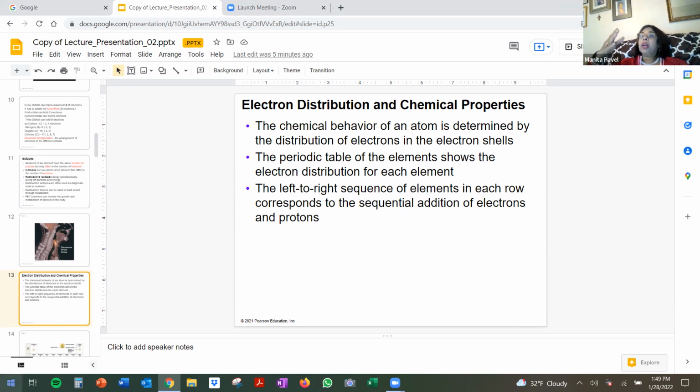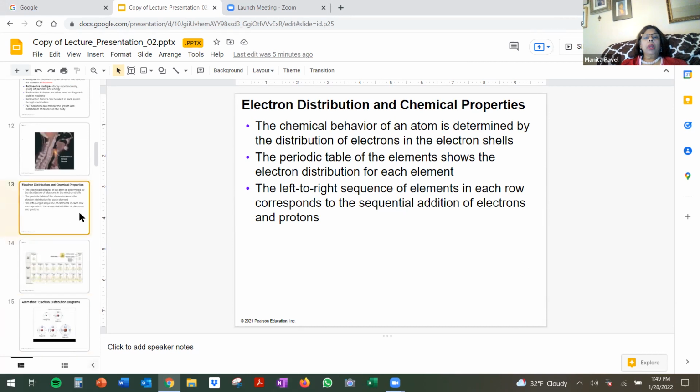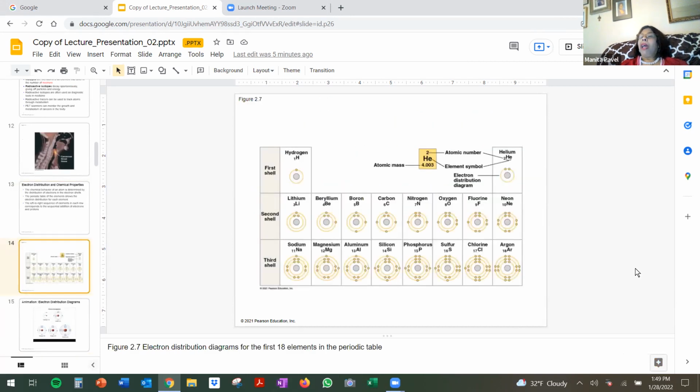So the atomic number keeps increasing from left to right on the periodic table. So let's look now at some more elements, and we're looking at the atomic number and atomic mass of these elements to get a deeper insight.